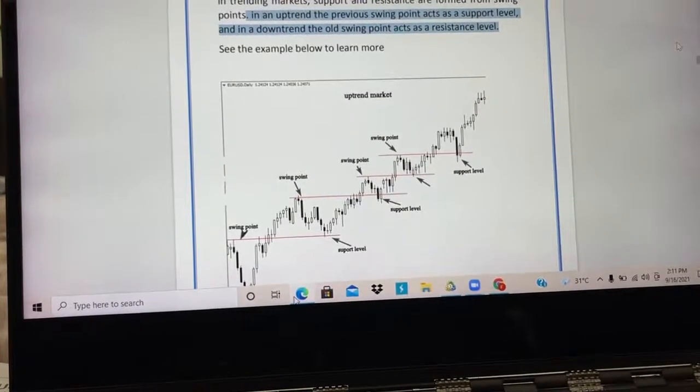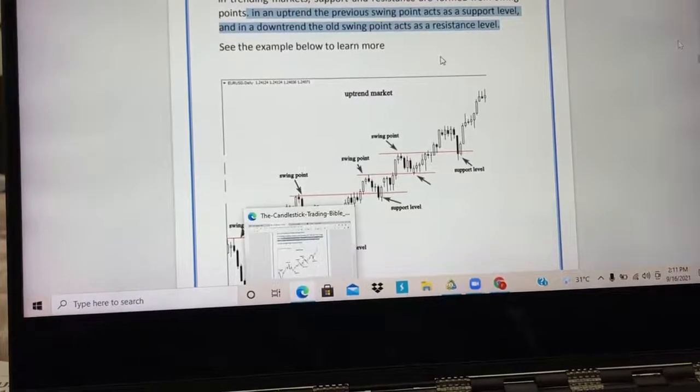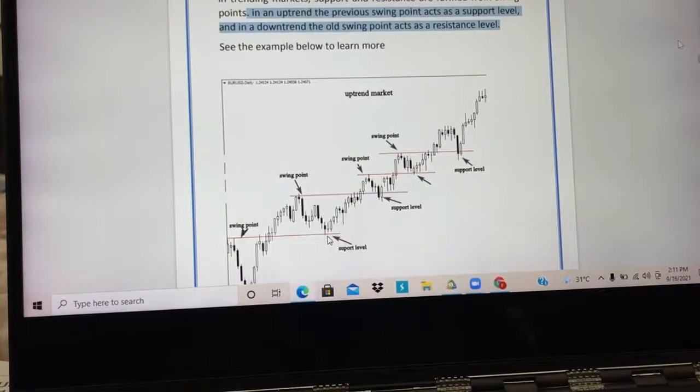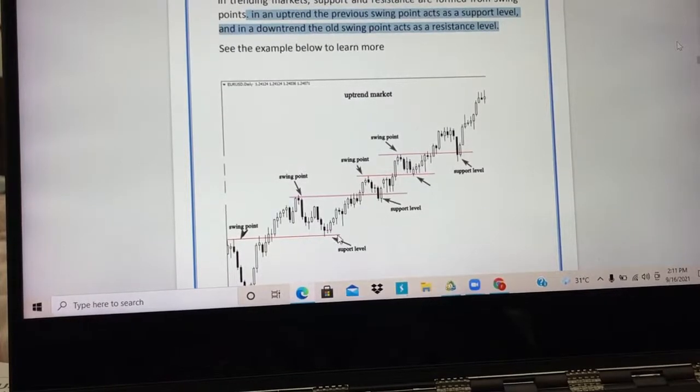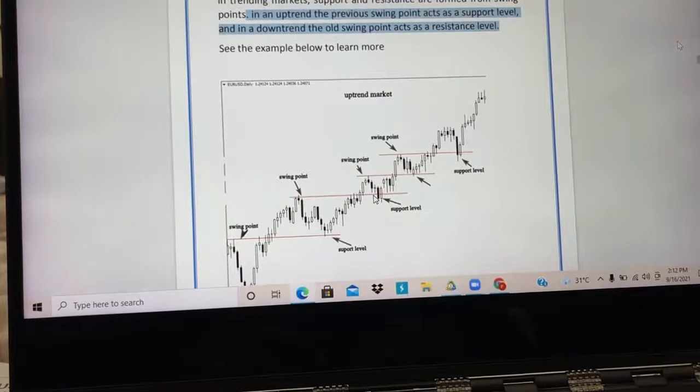Now, not to be confused, the older support level is also a support, but what we will be working with is the most recent information, because as a trader, you want to stay current all the time whenever you're trading.